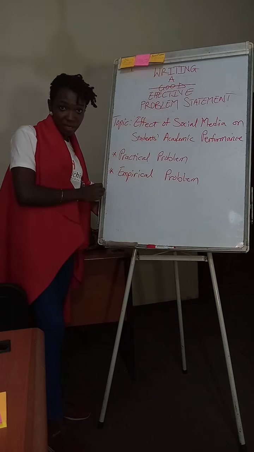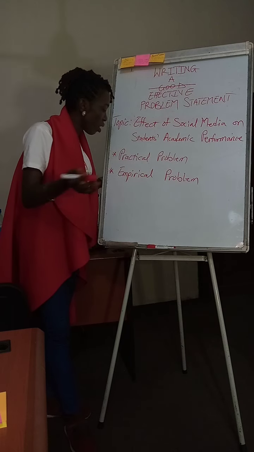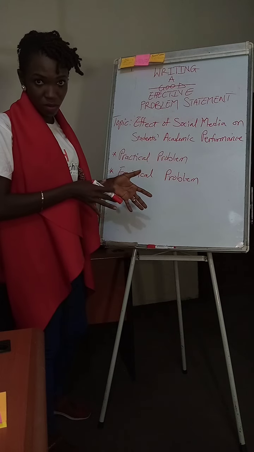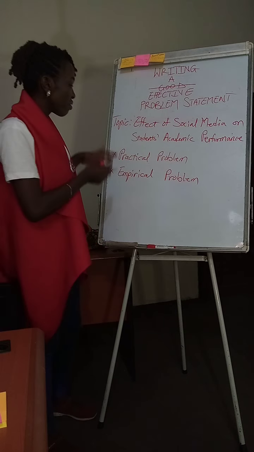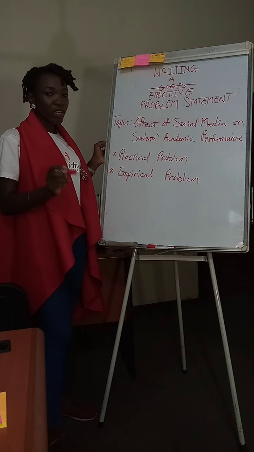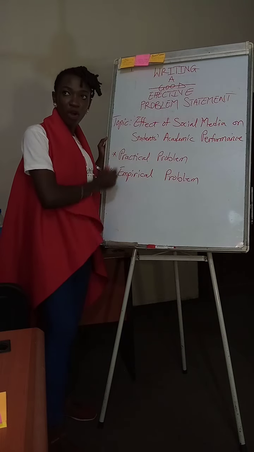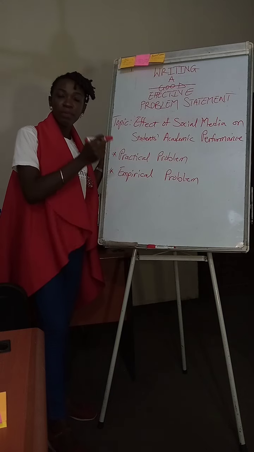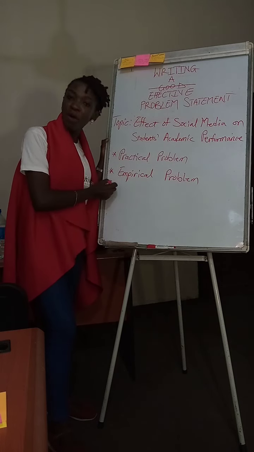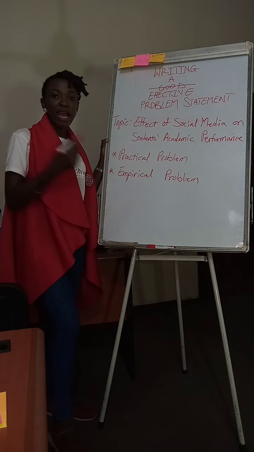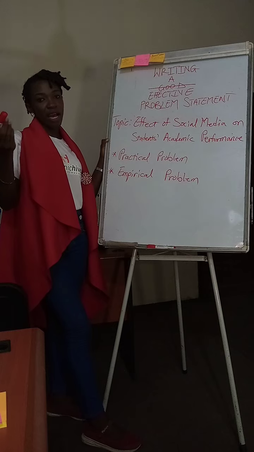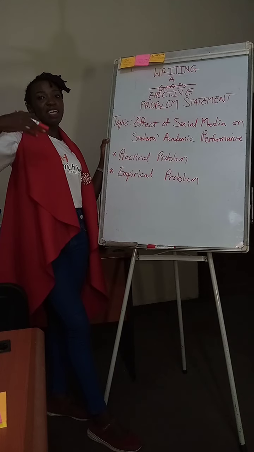Or the age of the research work, or from what you do, then that is a problem. But one thing you should be sure to do is back up your empirical problem with facts.